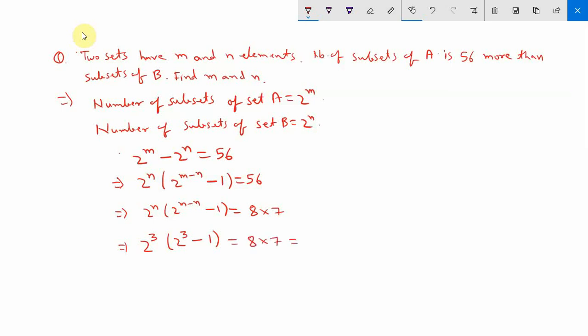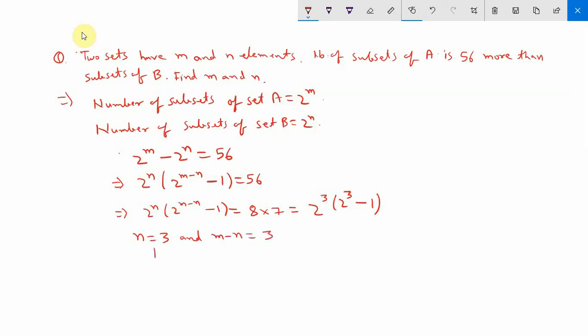Okay, so this 8 into 7 we will write as 2 to the power 3 into (2 to the power m minus n, minus 1), with m minus n again 3. From this we will get n equal to 3 and m minus n equal to 3.